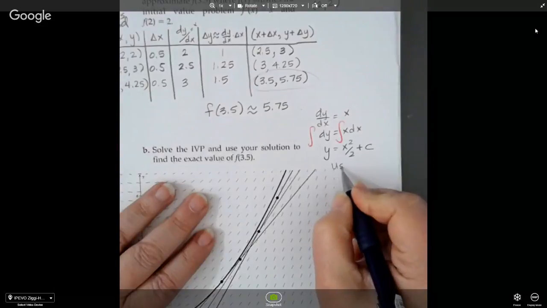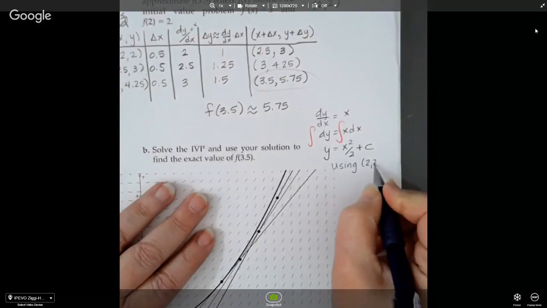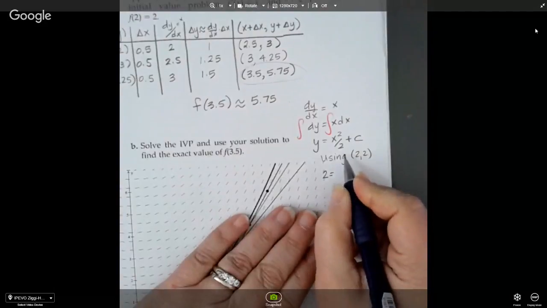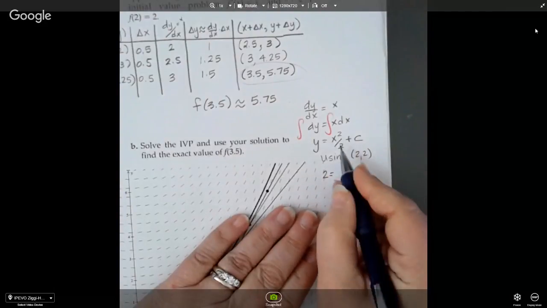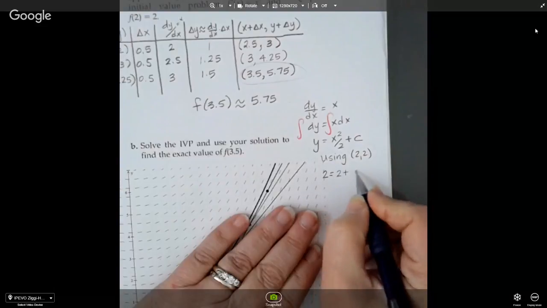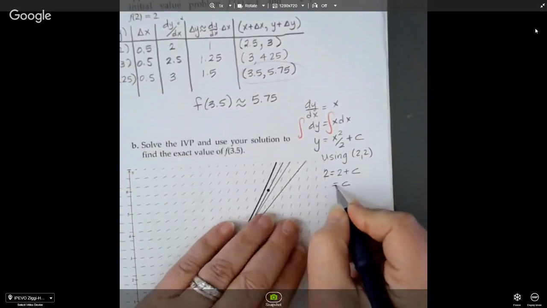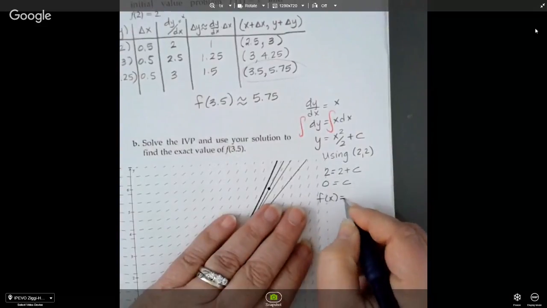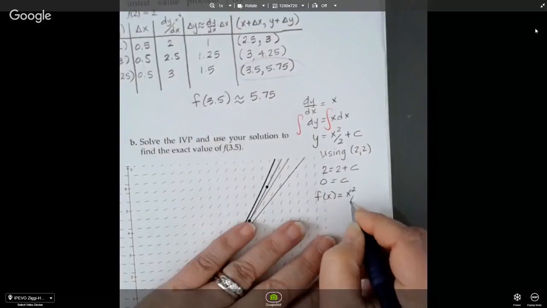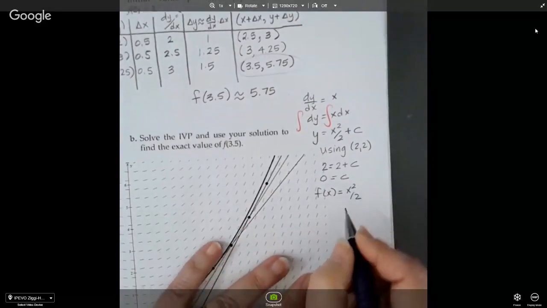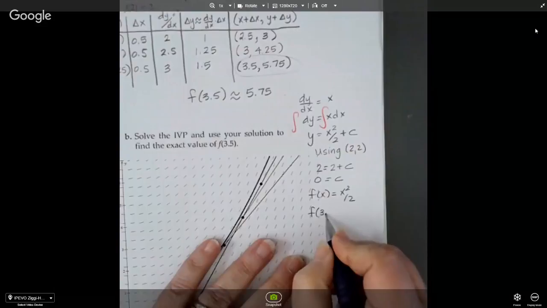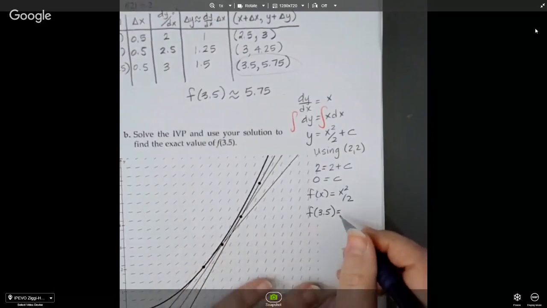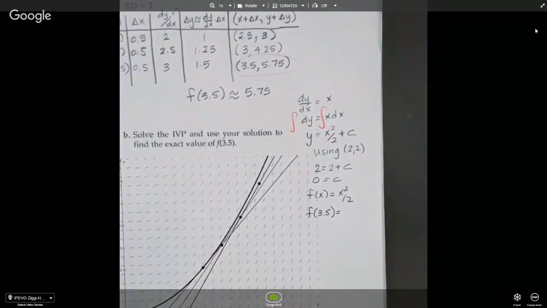And using my initial condition, which was 2, 2, I can say that 2 equals, that would be 2 squared, which is 4, over 2, which is 2, plus c. So c equals 0. So my function is going to be f of x equals x squared over 2. And if I were to find out what f of 3.5 is, that's going to be 3.5 squared over 2.